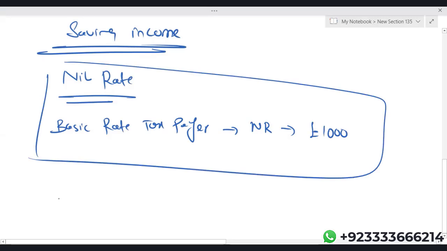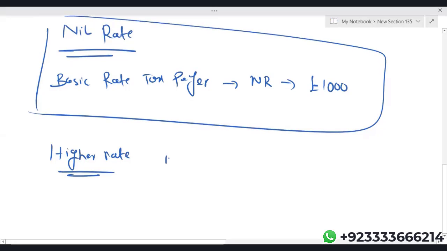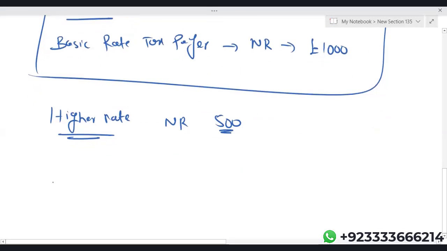If the individual is a higher rate taxpayer, then the nil rate is £500 for the saving income. If the individual is an additional rate taxpayer, then there is no nil rate.